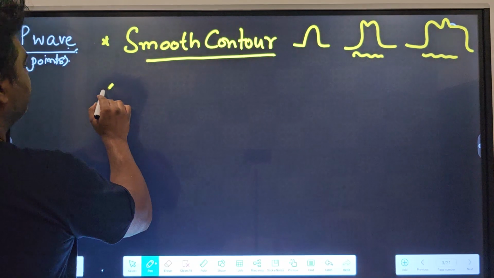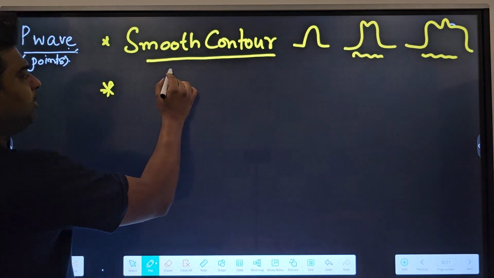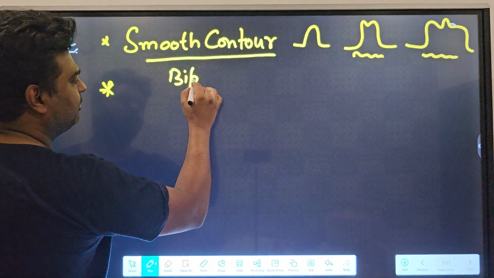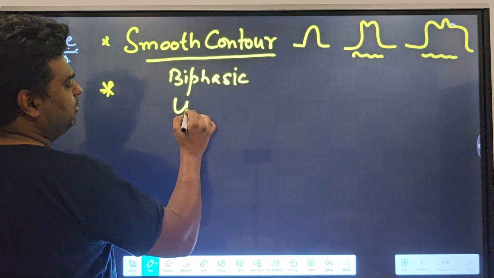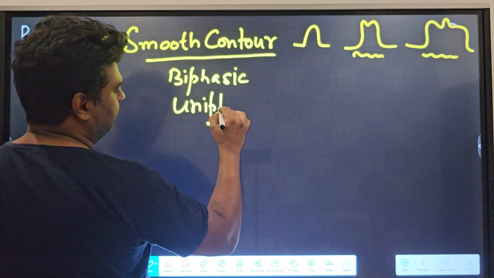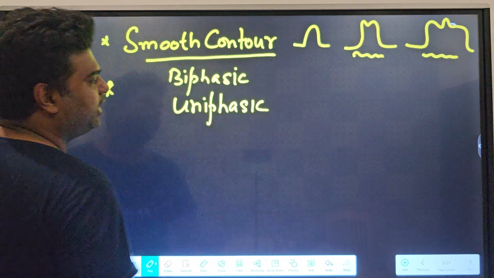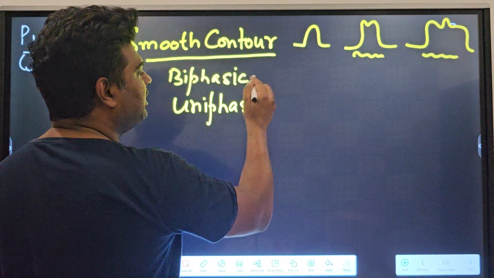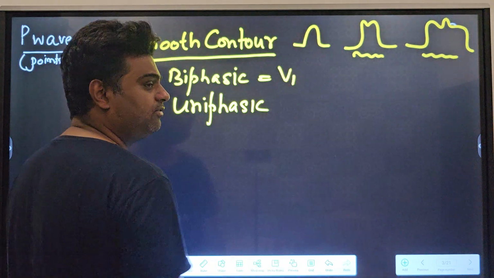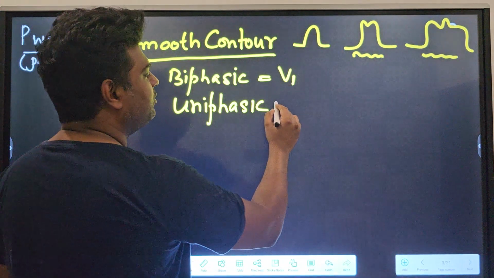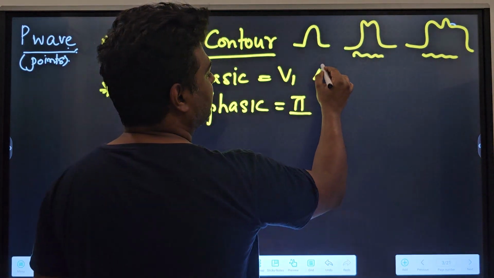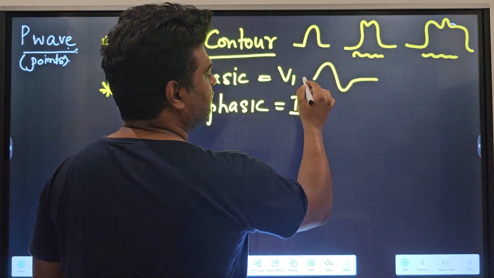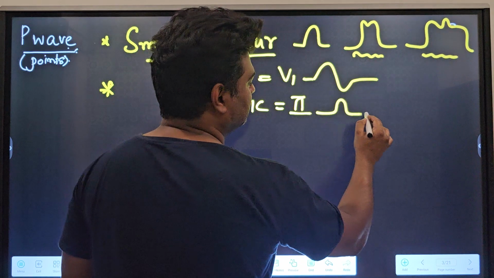Second, a P wave can be biphasic as well as uniphasic. We'll discuss that in detail. In lead V1 we see a biphasic P wave, and a uniphasic P wave is seen in lead 2. A biphasic P wave is like this, and a uniphasic is like this.